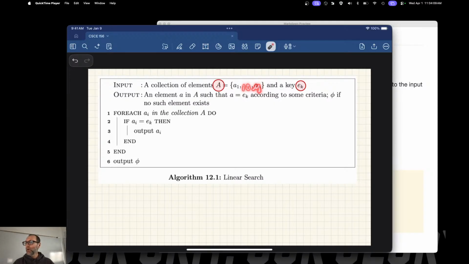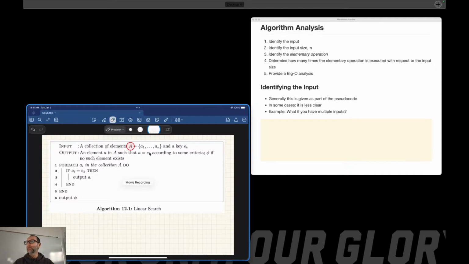So what about the key though? Does that ever change? If this has 10 elements or 10 million elements, there's still only one element over here. The collection is going to have a much greater influence on the performance of this algorithm than this single key over here. So in this case, we would choose to focus on that one input there.